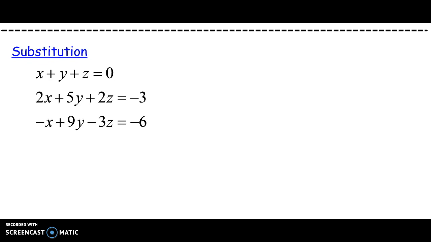So, let me walk you through solving this one with substitution. Just like with two equations, you pick an equation, solve for a variable. So I'm going to take this top equation, I'm going to solve it for z. So we're going to get z equals, well, I'll move the x over, and I'll move the y over, so I'll have z equals negative x minus y. And then I'll plug in for z in the other equation.